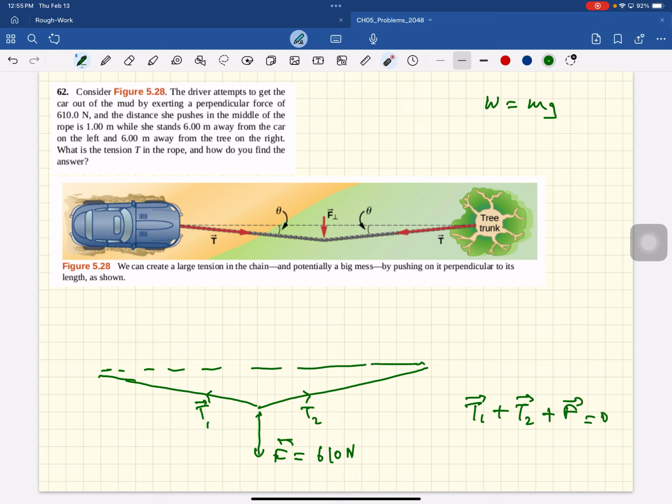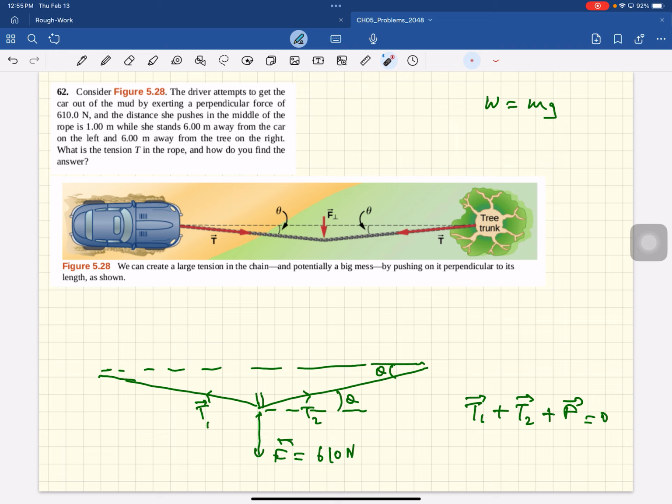The X component of this tension is balancing the X component of the other tension because those angles are the same, and we'll find that angle in a second. It's the Y components of the tension, these 2 Y components, that are balancing this force. That's how we'll find the tension.